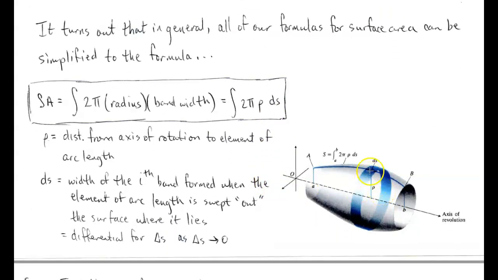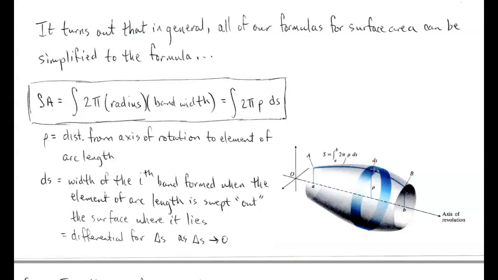And so this picture that I have here sort of explains what's going on. Rho is essentially the radius that you're going to use to take the summation of all these small bands and rotate them about whatever axis you're talking about. But that ds there, remember from Cal A, is a differential.